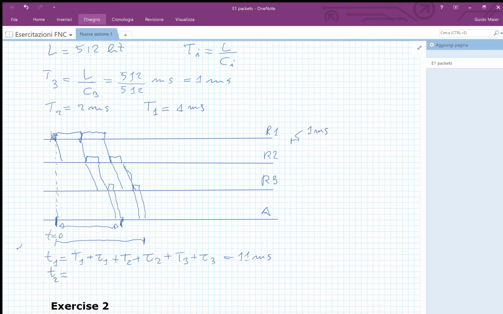That is this one. If you take the final instant, that is the arrival of the last bit at the destination, and you start moving inside the time diagram, you're able to combine all the segments in a graphical way by doing this.